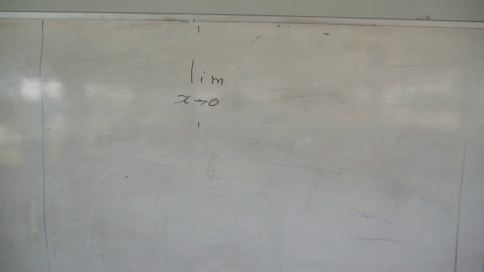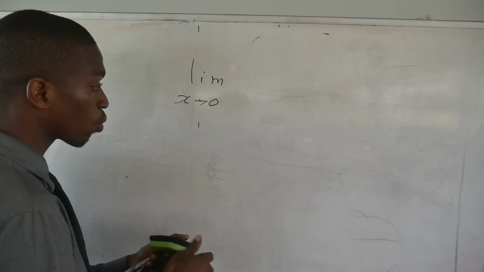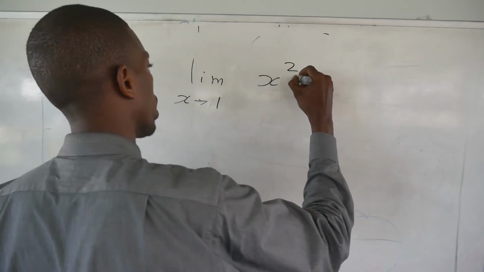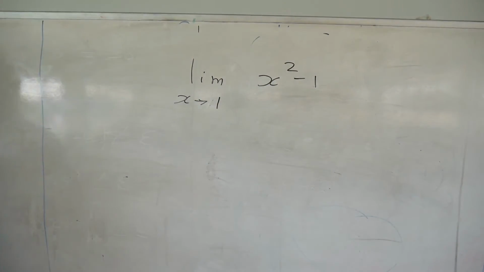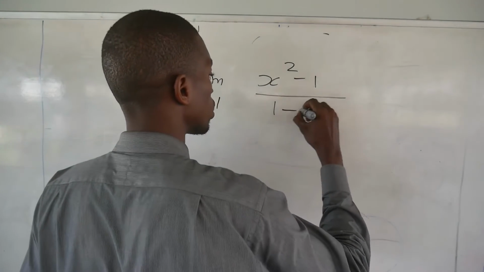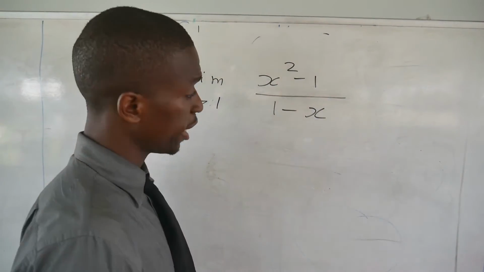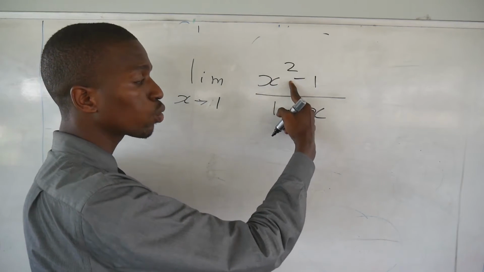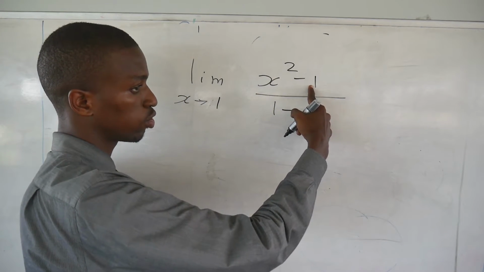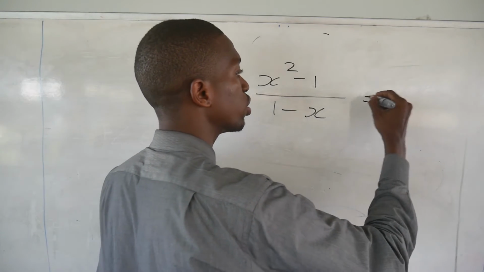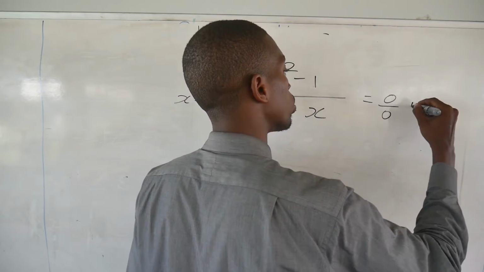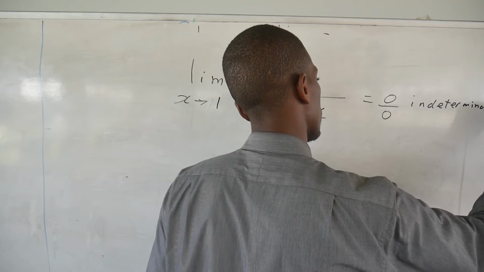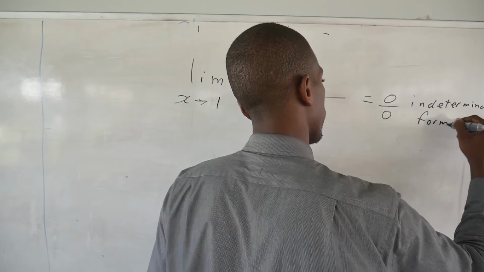Number 2, the limit as x goes to 1 of x squared minus 1 divided by 1 minus x. Alright. You plug in 1, you get 1 squared minus 1, 0 over 1 minus 1, 0. 0 over 0, indeterminate form.